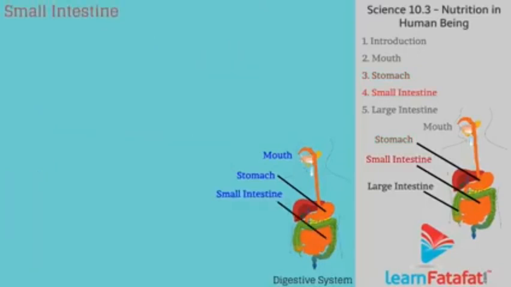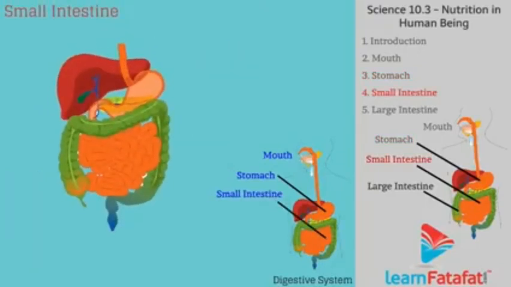Small intestine. The small intestine is a long, coil-like structure placed compactly in the belly. Its average length is about 5 to 6 meters. Carbohydrates, fats, and proteins are fully digested in the small intestine.